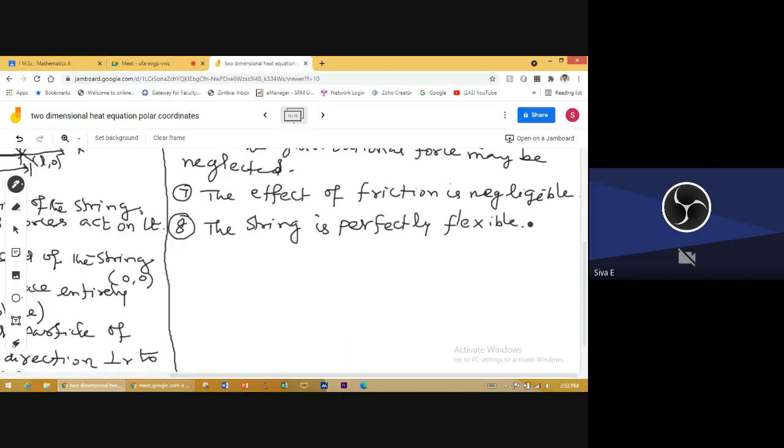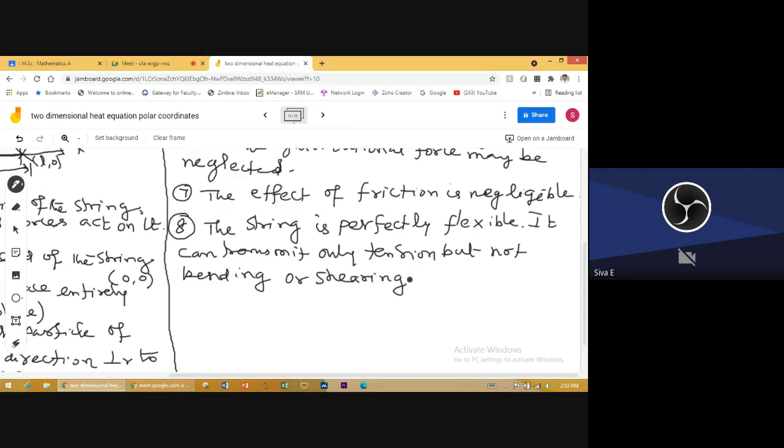It can transmit only tension, but not bending or shearing. As the tension is very large when you are fixing on both the ends, bending of that string is not possible when it is fully stretched. Bending of the string is not possible, and the shearing forces are also not possible.